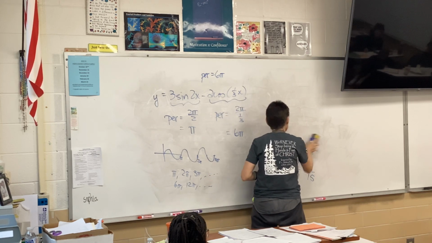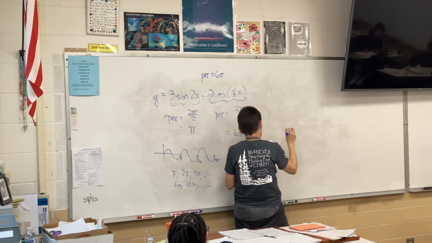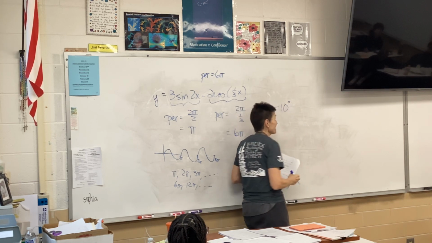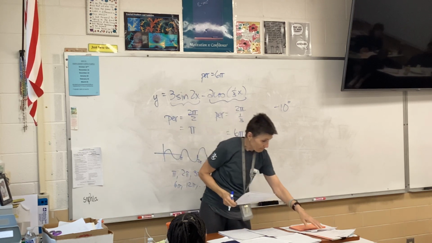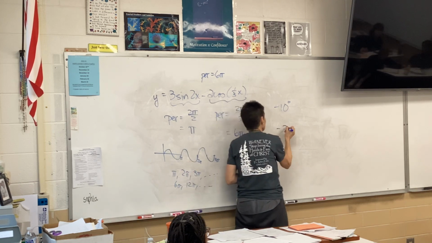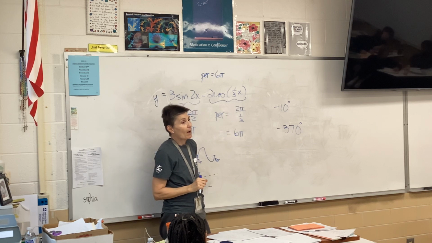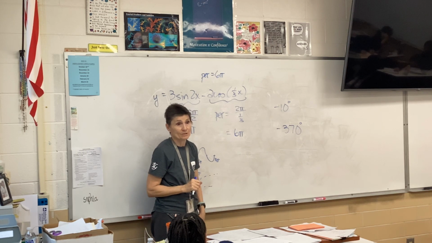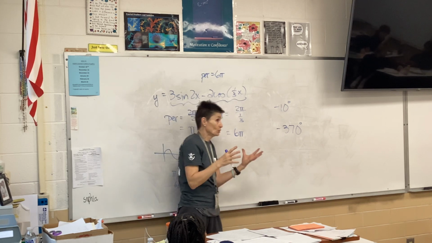Find a negative coterminal angle for negative 10 degrees. Find a negative coterminal angle. Meg says negative 370 degrees, and she is exactly right. How do we find coterminal angles? Add or subtract a revolution.